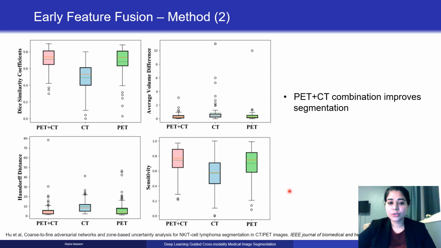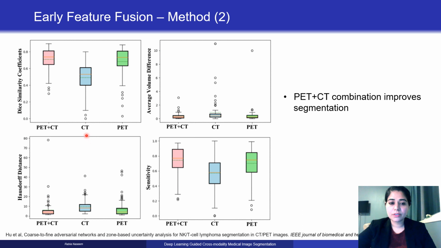In this research work, the role of using multiple imaging modalities and its effect on the segmentation accuracy was measured. Four quantifiers were used for this purpose. Looking at the results, we can see that the combination of PET-CT gives higher Dice score and sensitivity values, which is also desirable when it comes to segmentation.